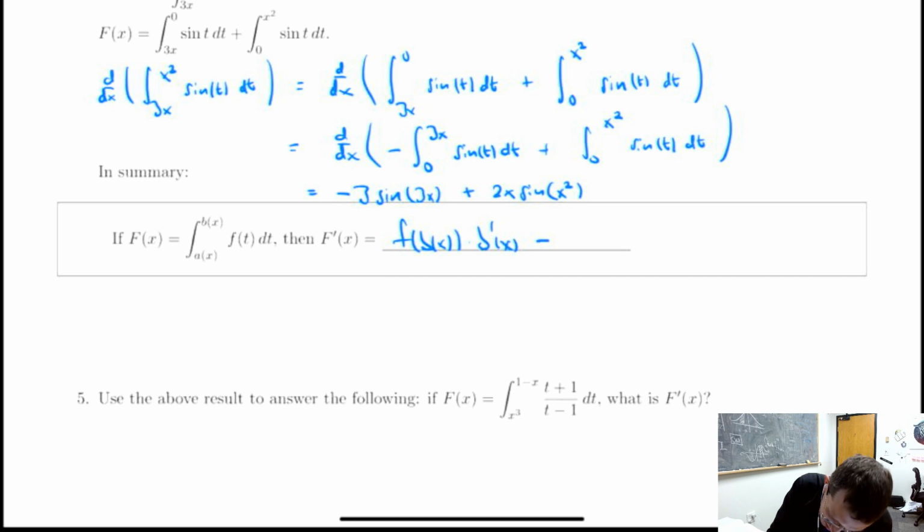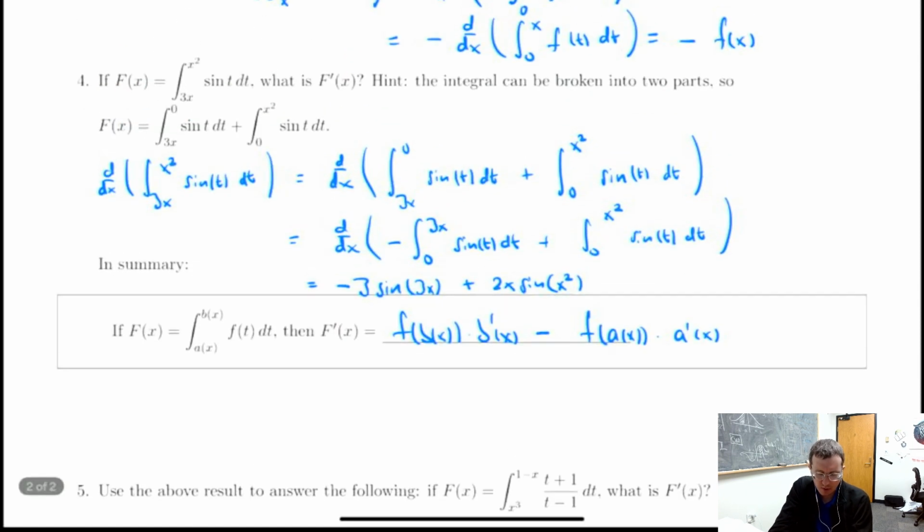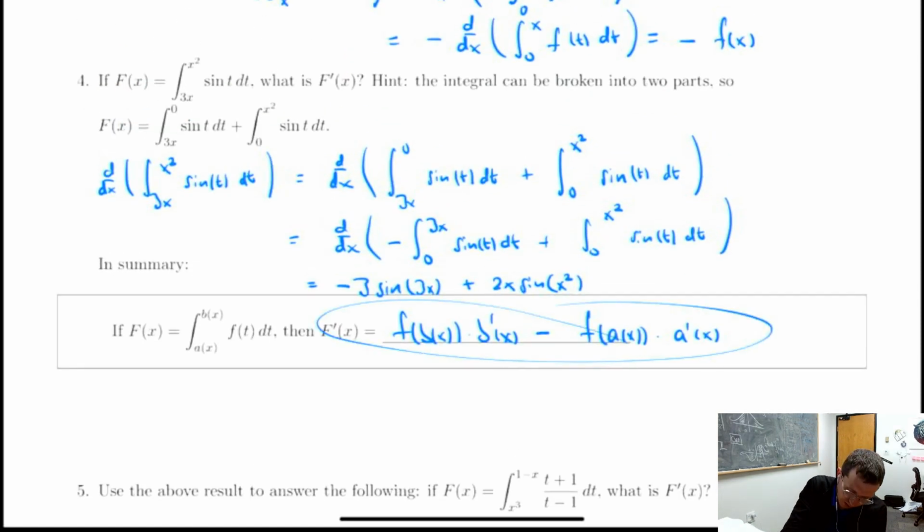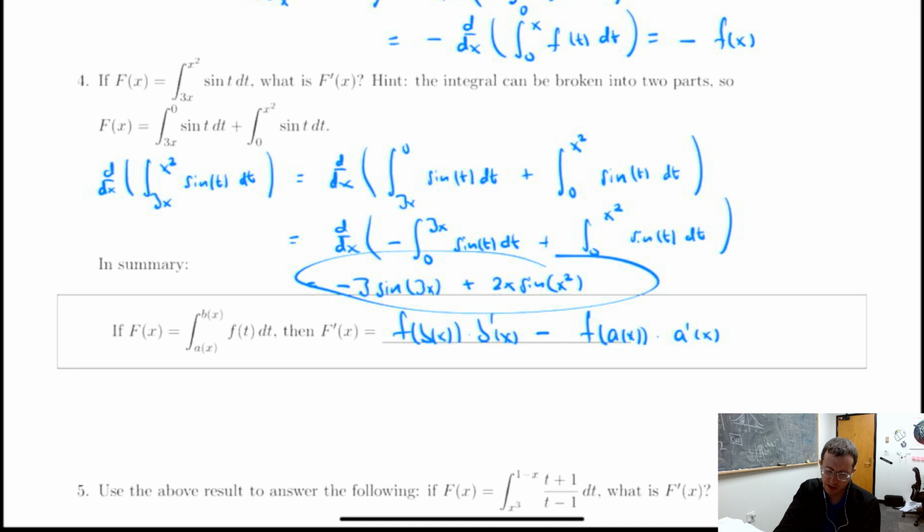And then from the lower bound, you get a minus f of a of x times a prime of x. If you write this out for this specific example, where this is f of t, that's a of x, and this is b of x, you'll see that you do in fact get this.